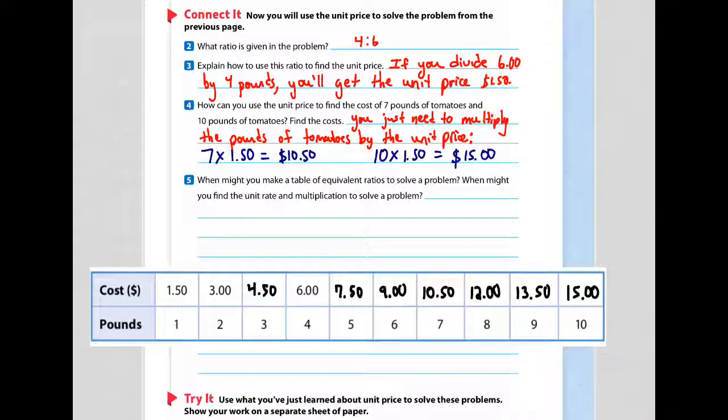Okay, so this is something you can answer any way you want. So I'm going to think of when I might need to make a table of equivalent ratios.